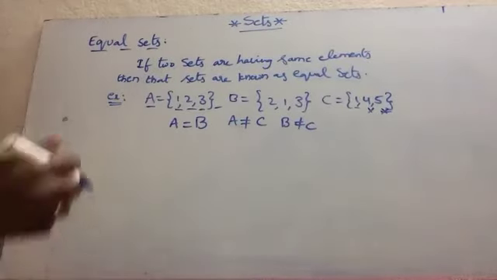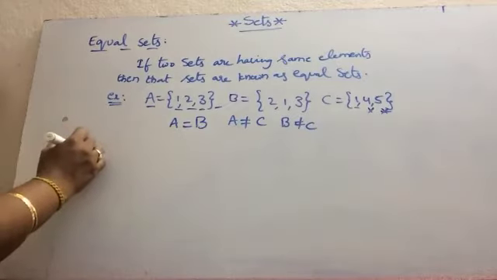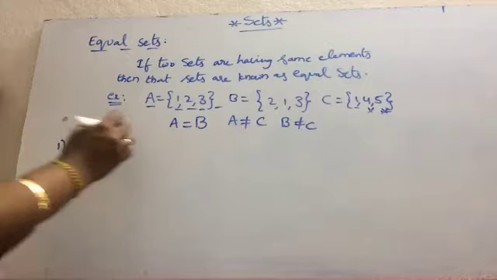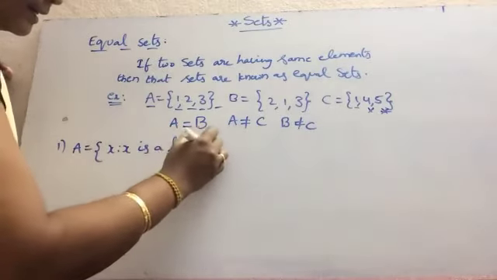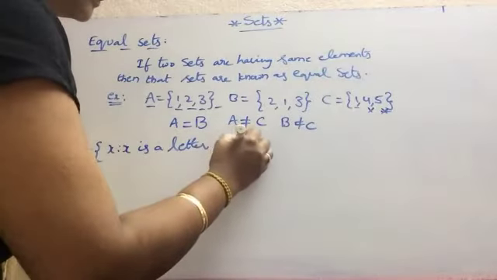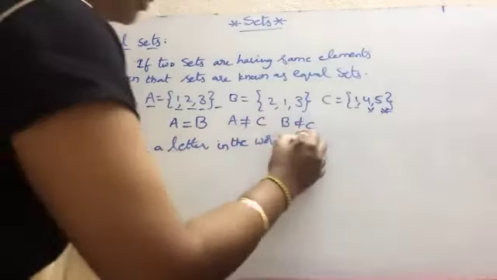Next, I will explain some problems. A is equal to {x such that x is a letter in the word follow}.